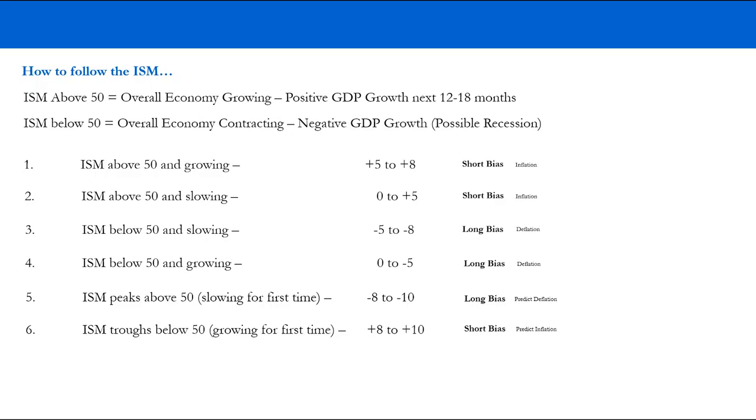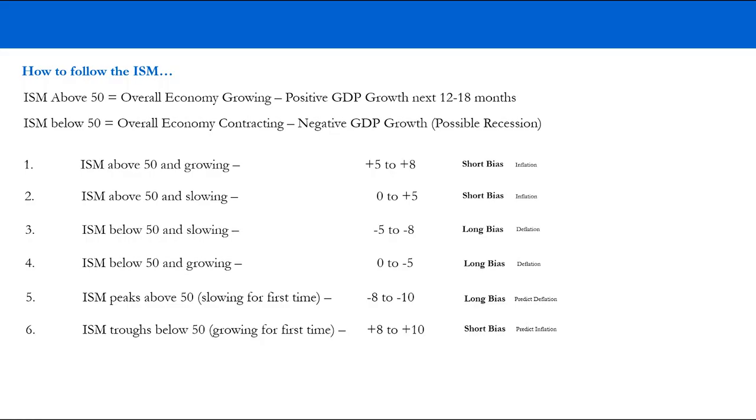The next thing we look at is the ISM peaking. So the ISM peaks above 50 and slows for the first time in the current cycle. Now, what do we mean by that? So imagine a situation where the ISM 3-4 years ago was below 50 and then it went above 50. And then it continued on its path, getting better every single month.